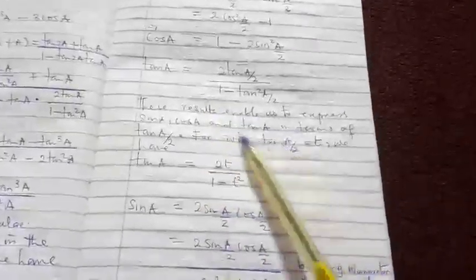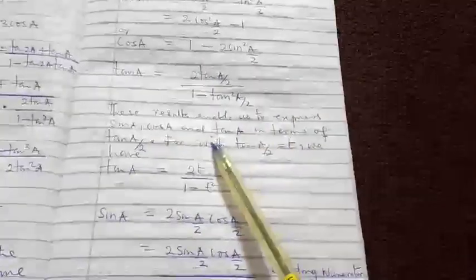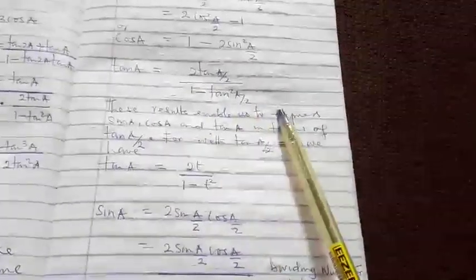Why this? If you look at the formula, tan A is 2 tan A over 2 over 1 minus tan square A over 2.